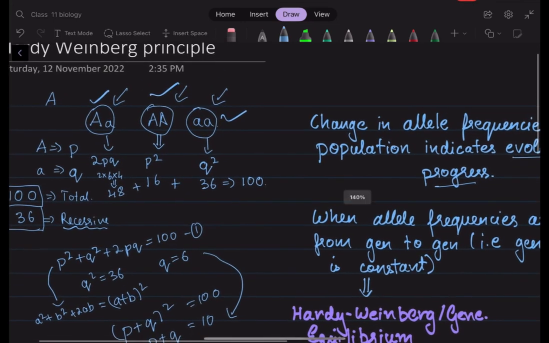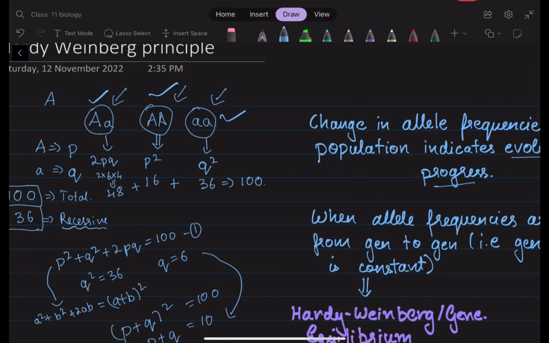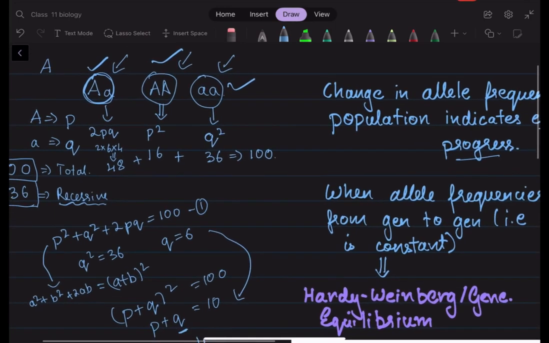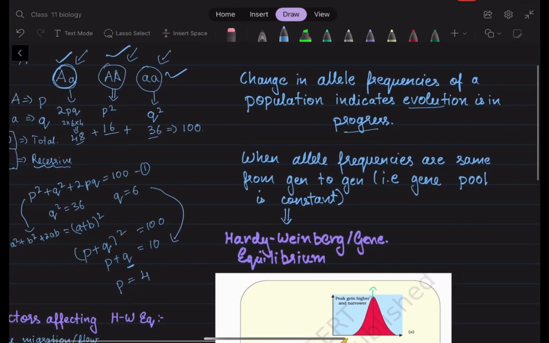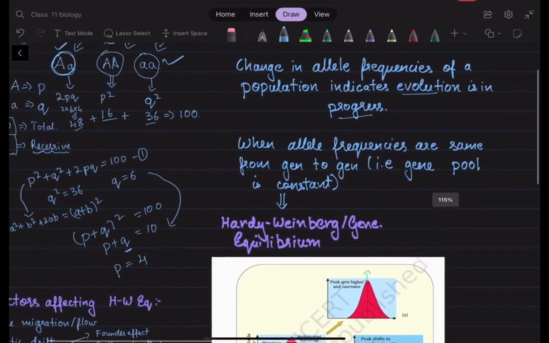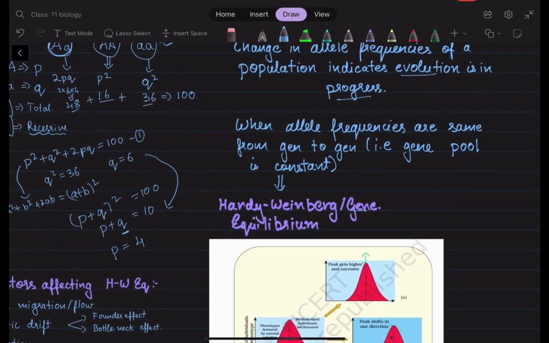But in case these allele frequencies are constant, that means here we have 48, 16, and 36, and these numbers remain the same, then we can say that this particular population is in gene equilibrium or the Hardy-Weinberg equilibrium.